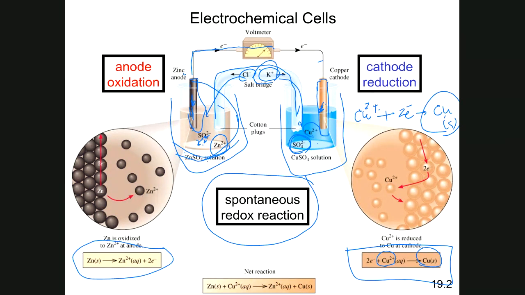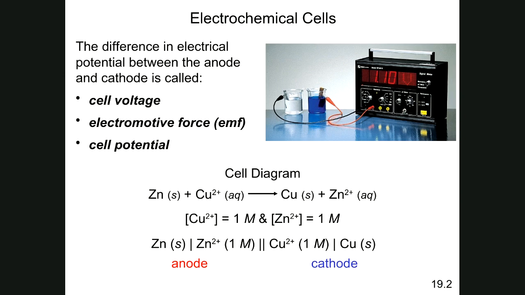Zinc is losing electrons to change to zinc 2+, and this oxidation reaction takes place in the anode half cell. The difference in the electrical potential between the anode and cathode is called the cell voltage or cell potential.